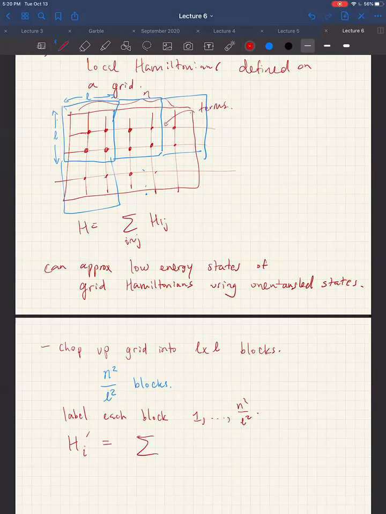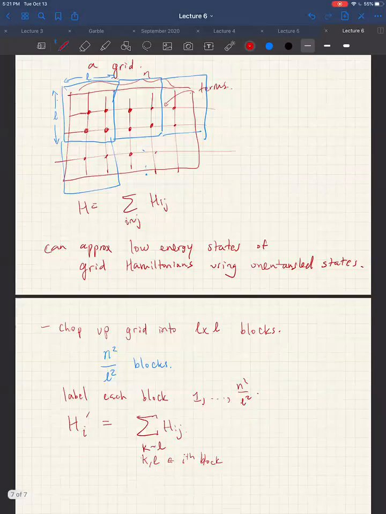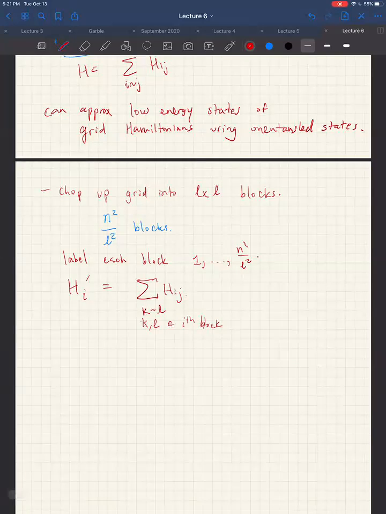This is going to be the sum over all qubits k connected to qubit l, where both k and l are in the ith block. So you're going to look in a block at which Hamiltonian terms go between qubits within the block, and we're just going to include those. Okay, so I'm going to call this H_i prime a super term. It's a super Hamiltonian term. You just cluster them together.